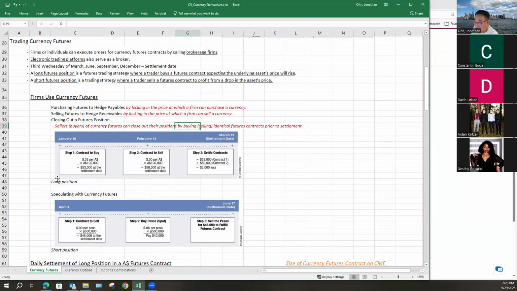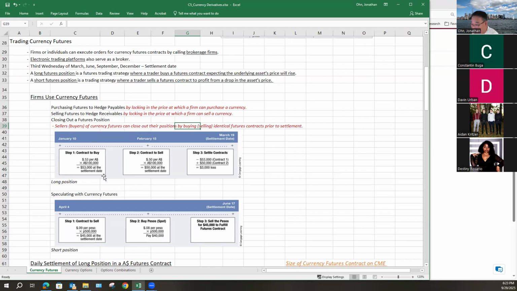Here, the first one: on January 10, you long a futures contract. You buy a futures contract to buy 100,000 Australian dollars at 53 cents per Australian dollar. That's the futures contract, and you bought it on January 10th, so you are in a long position.